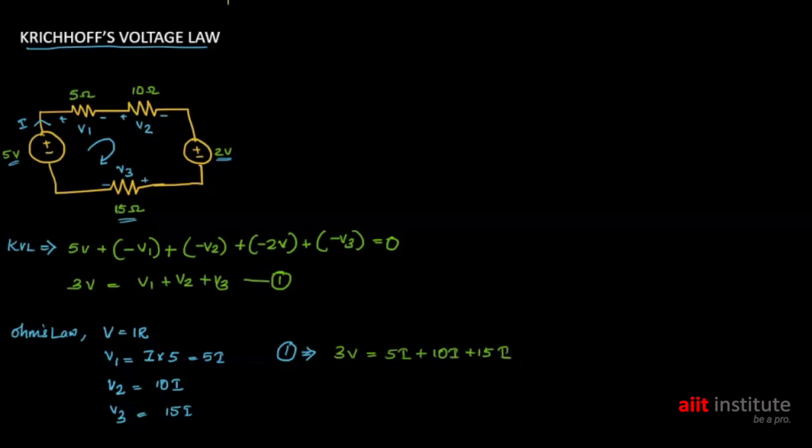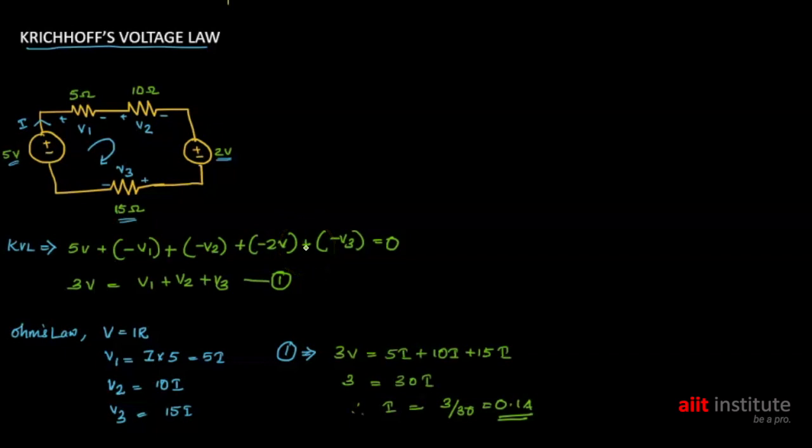So we will get 3 is equal to 30I. Therefore, I will become 3 by 30, which means 0.1 ampere. So we got the current value of this closed loop.